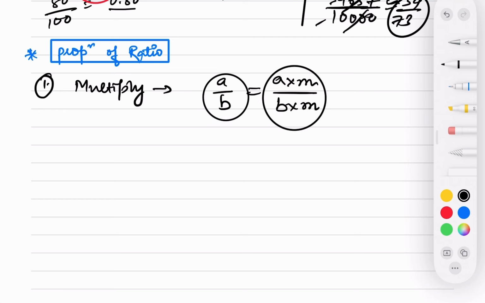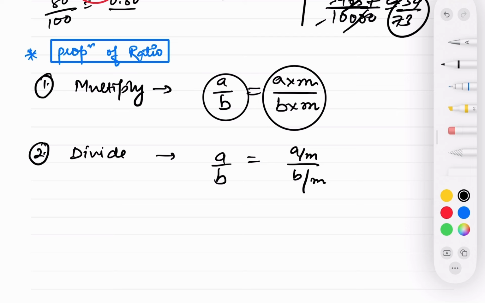So you can multiply the ratio's antecedent and its consequent with the same constant, no issue. Similarly you can divide also. So if a by b is the ratio, you can write a by m upon b by m.